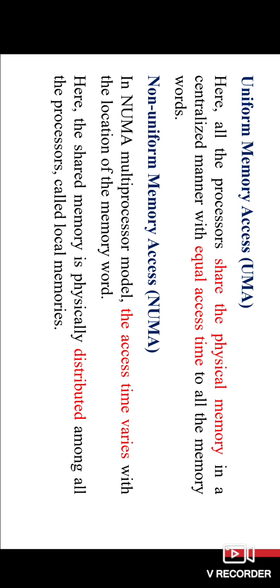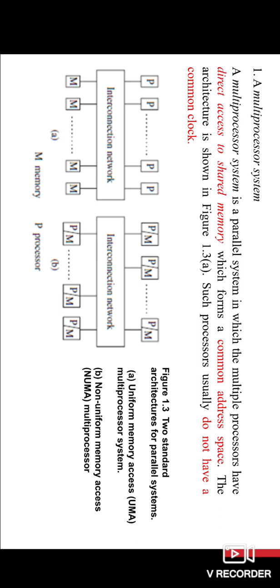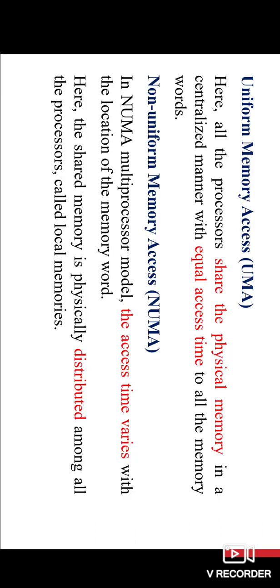Here we have two different architectures, uniform memory access and non-uniform memory access. What does uniform memory access mean? All the processors share the physical memory. From figure A, you can see that all the processors share the physical memory. All the memories can be accessed in a centralized manner, so we maintain equal access time.